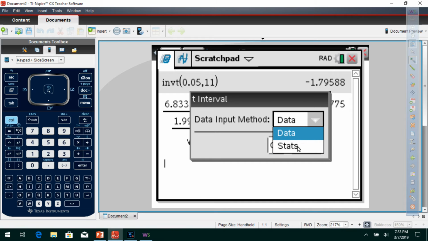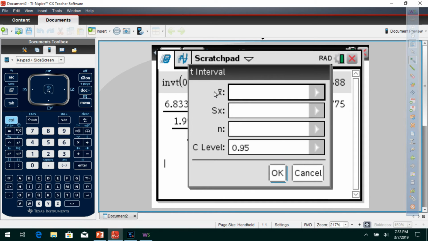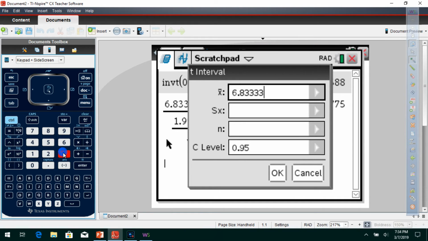Well, we can go and we'll just do the stats there. Okay, data. X bar, well, what is our X bar? And that is 6.8, 1, 2, 3, 4, 5, 6, 7, and then that's 1.9924.